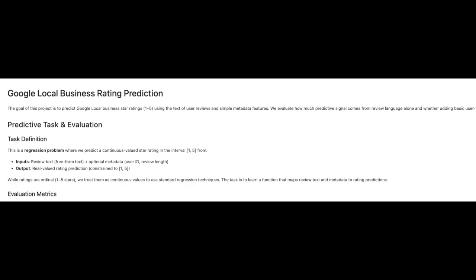The output is a real valued rating between 1 and 5, which we can think of as a continuous approximation to the star rating. Even though the stars are ordinal, treating them as a regression target lets us use standard models and squared error based losses.